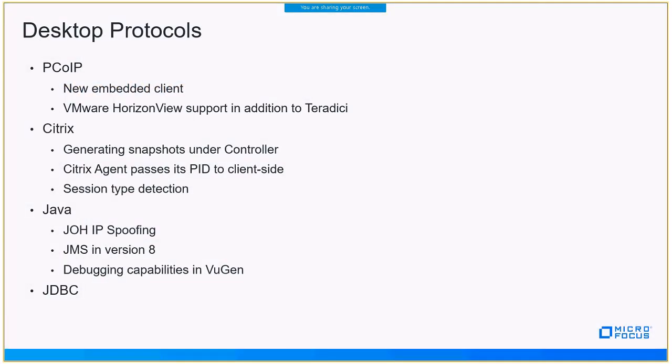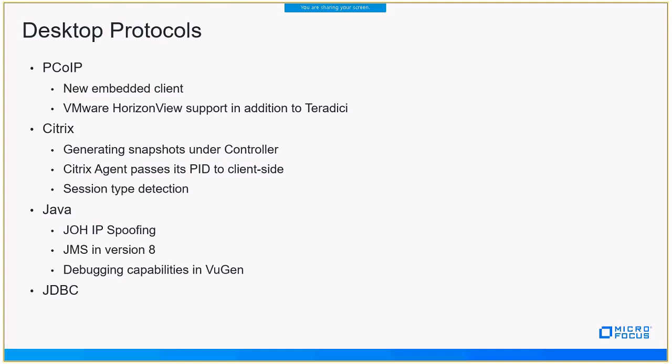Moving on to our desktop protocol support. We never rest, always innovating and trying to give you more with our products. So here we are innovating through the PC over IP protocol, where we embedded a new client for this VDI, as well as supporting VMware Horizon View in PC over IP.